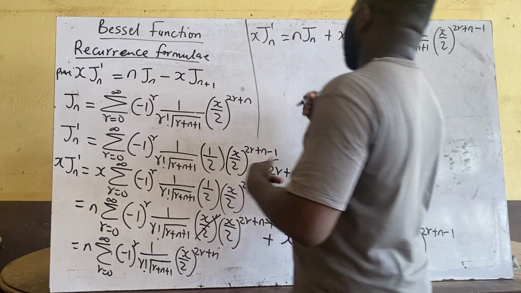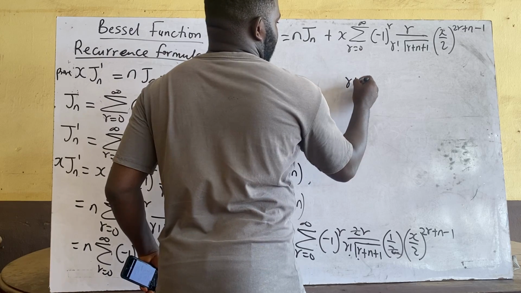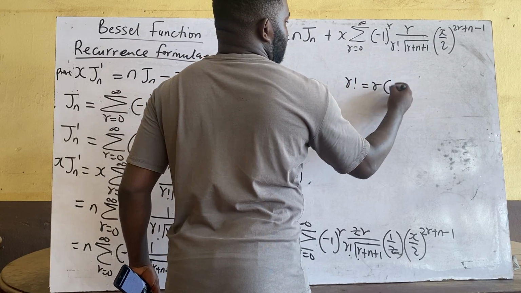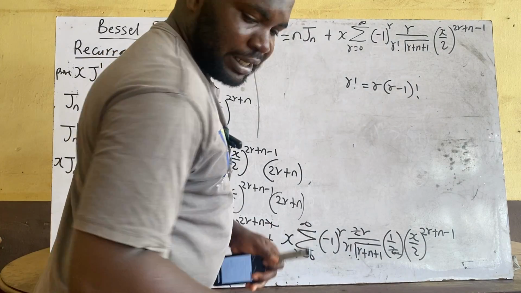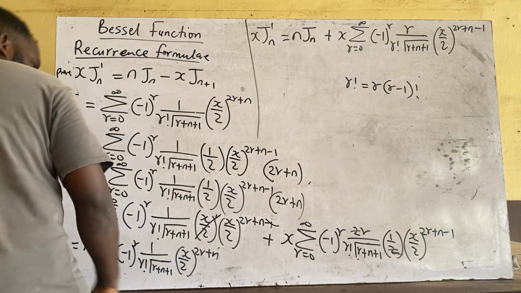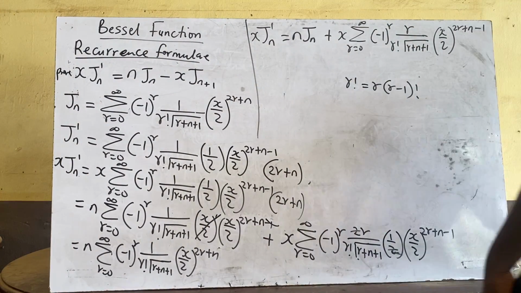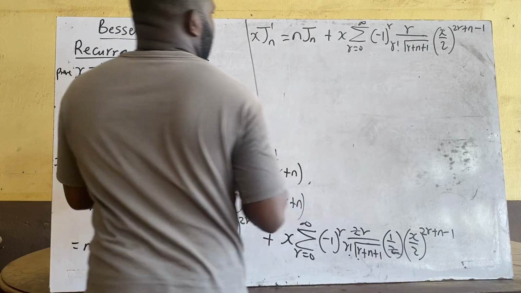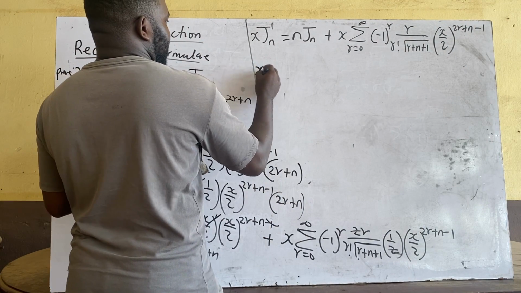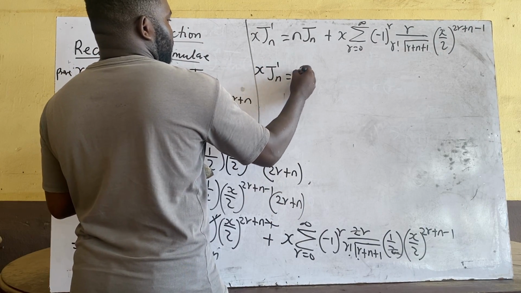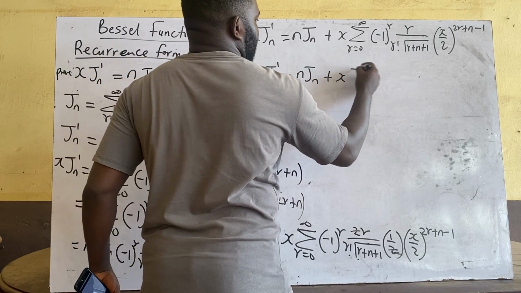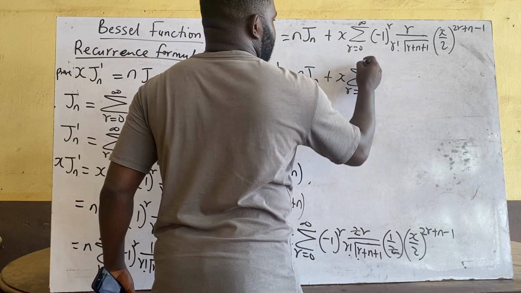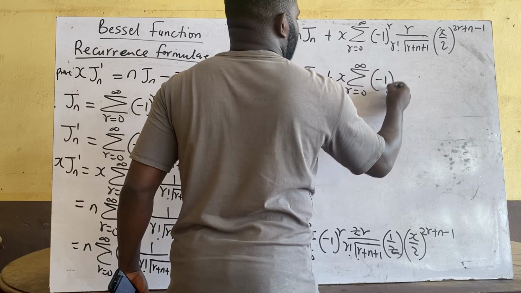For us to cancel this r, do you know that r factorial is the same as saying r into r minus 1 factorial? They are the same thing. So since they are the same thing, according to the factorial formula, to cancel that r on top, I'm going to have that x j prime of n is equal to n j of n plus x, the summation of r, starting from 0 to infinity of minus 1 raised power r.